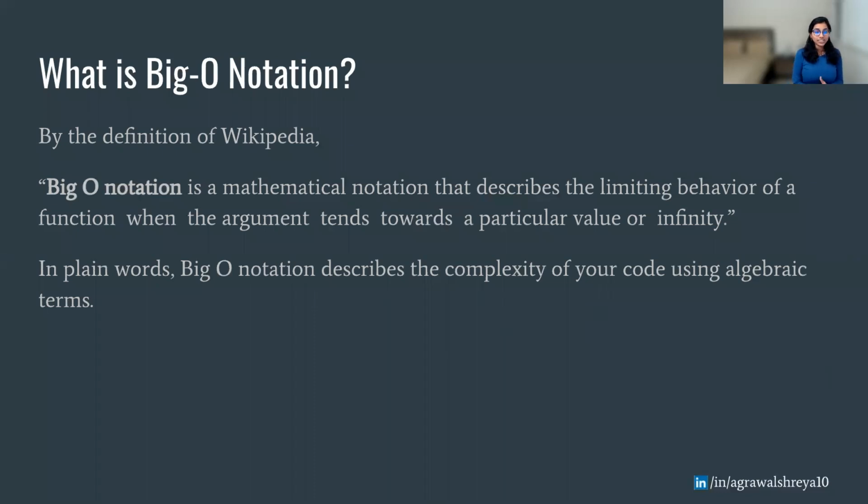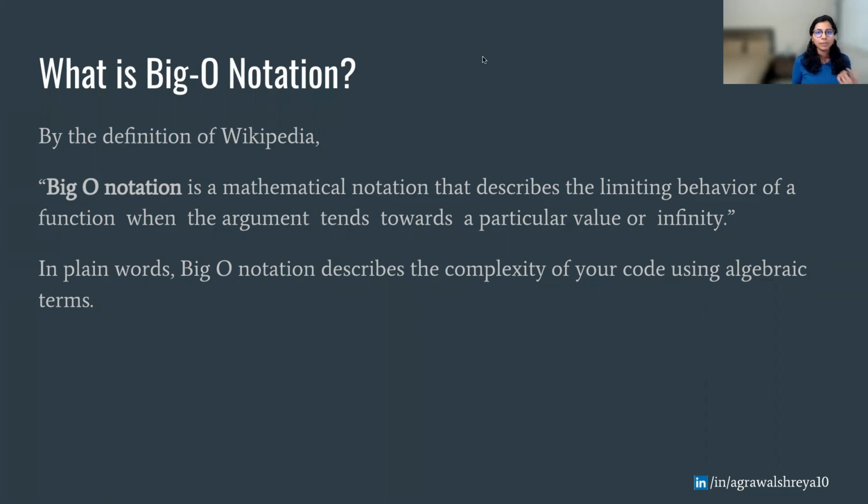All right. So what is big O notation? Big O notation, as defined by Wikipedia, is a mathematical notation that describes the limiting behavior of a function when the argument tends towards a particular value or infinity. Now, this is a formal definition, but what does this actually mean?